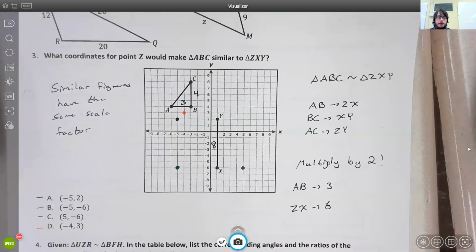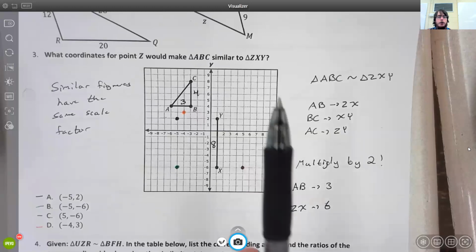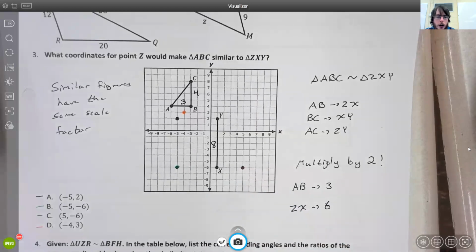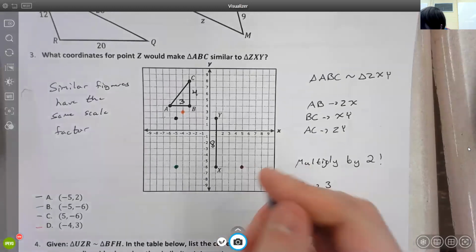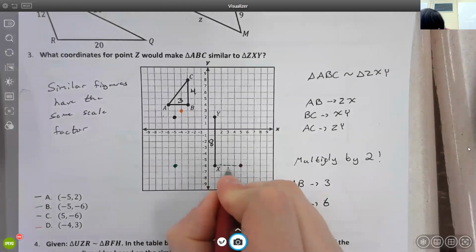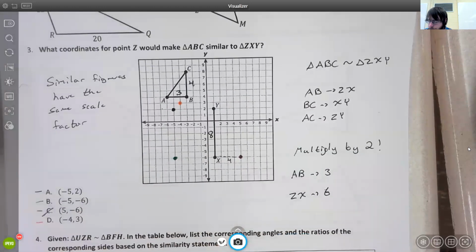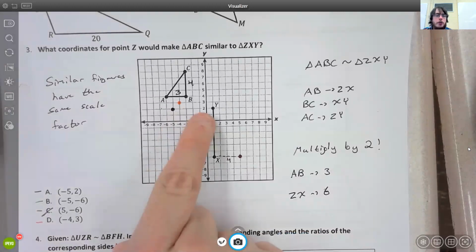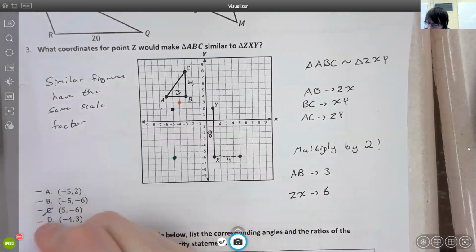So let's look here. We need to see which one of these segments gives us a distance of 6 with the correct side. Now remember, Z is the point that we are plotting. Now we can pretty much tell right here, this burgundy line, that's only 4. So C does not work. And if we look at the orange line, it wouldn't even form the same shape. So it doesn't work either.